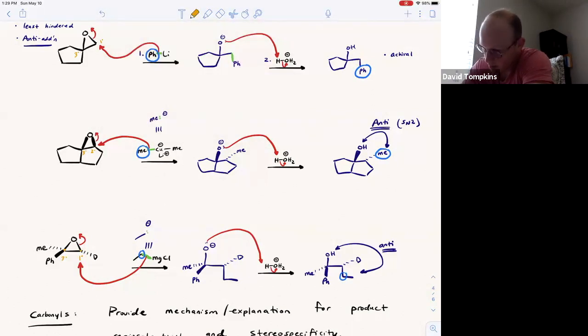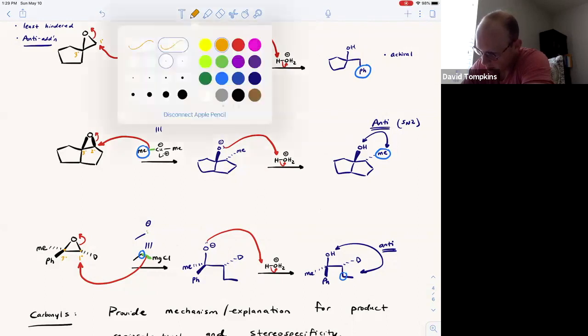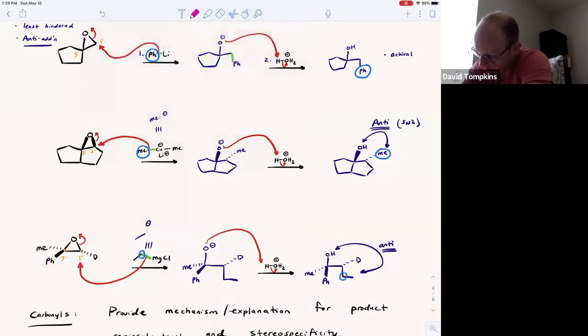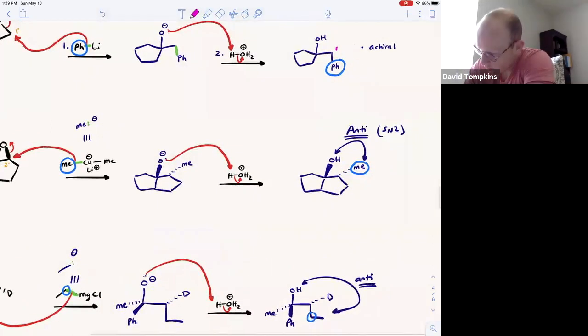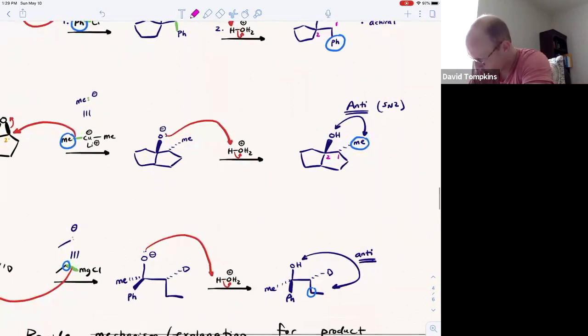The carbon that has the new carbon-carbon bond is 1-2 relative to the alcohol. Here it's 1-2, or vicinal, and this one is also 1-2. So when you have a new carbon-carbon bond that is one away from an alcohol, or vicinal to an alcohol, that means you opened an epoxide in that synthesis.